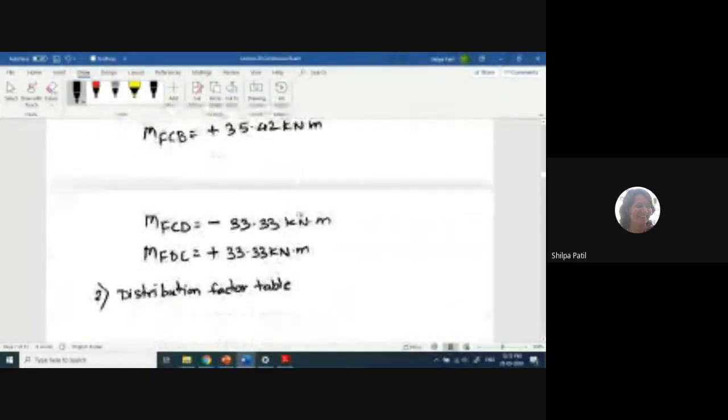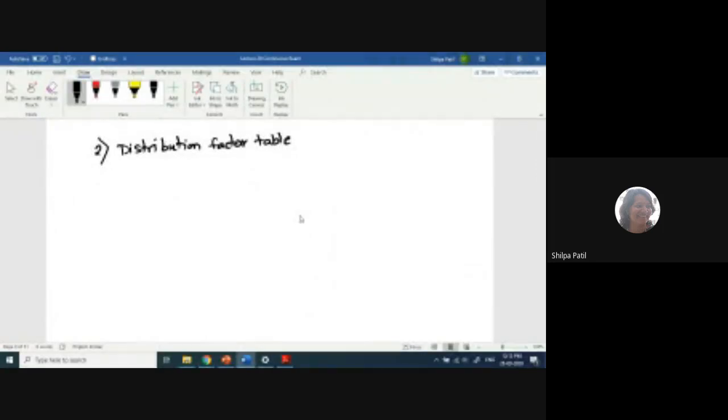So there are two joints now, and considering four members. So I will simply write down first the table here, distribution table. First I have to write down the joints. Then I will write down members.